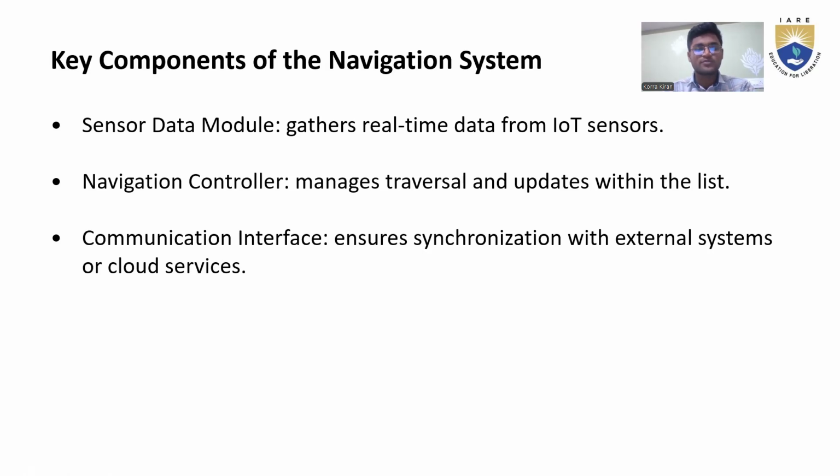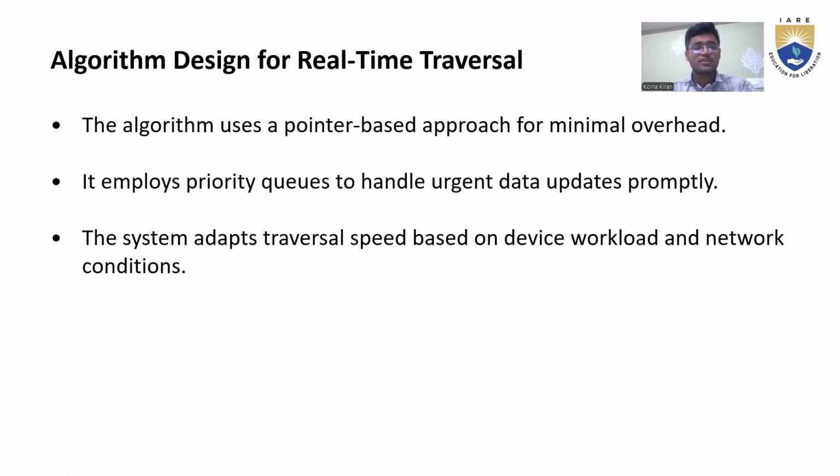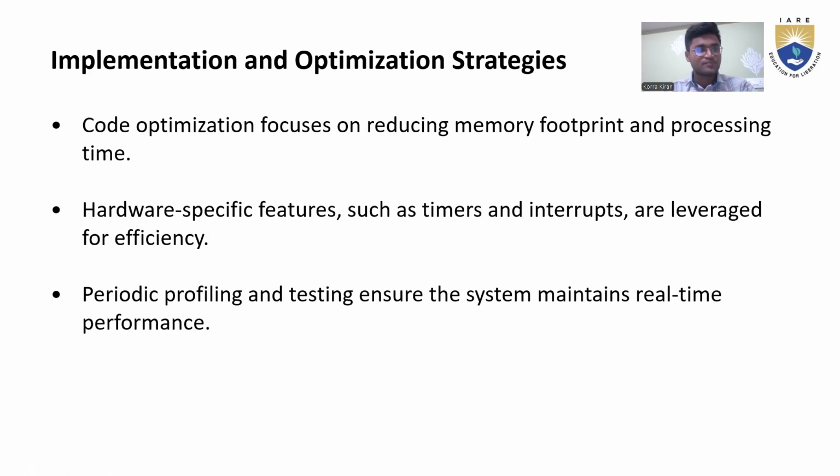And the communication interface means an external system can communicate with it. The algorithm design for real-time traversal is pointer based, and other than this, it is updated promptly because of the periodic queue and workload of the network conditions.